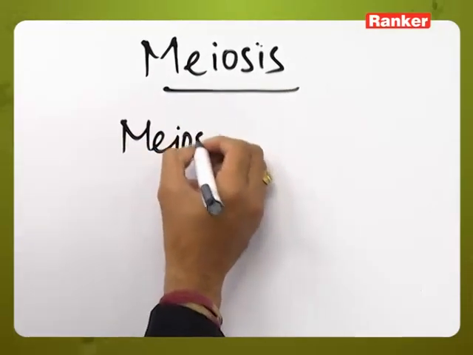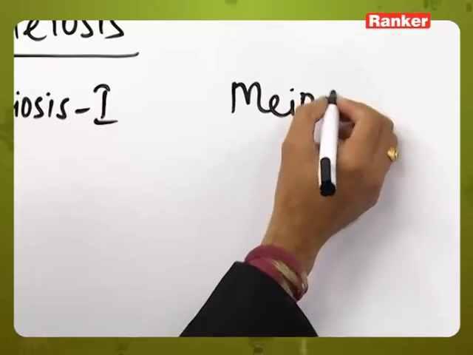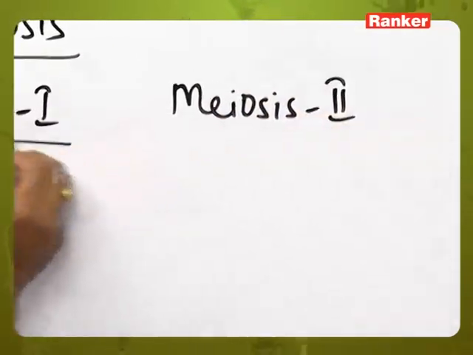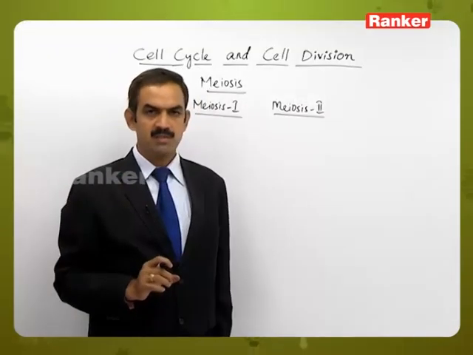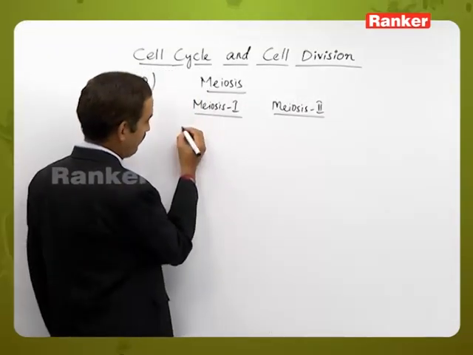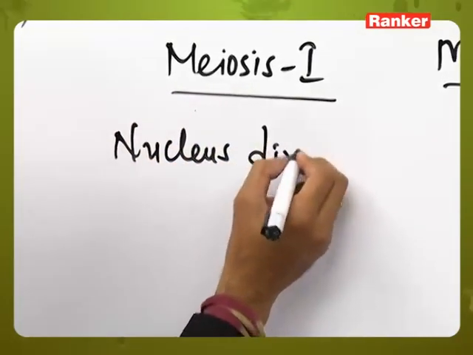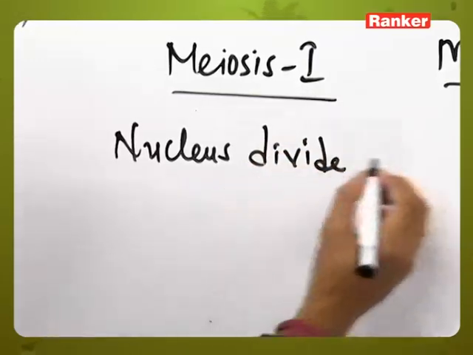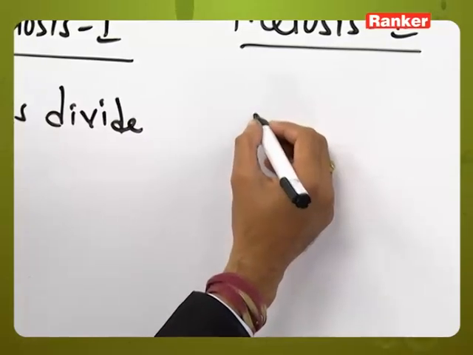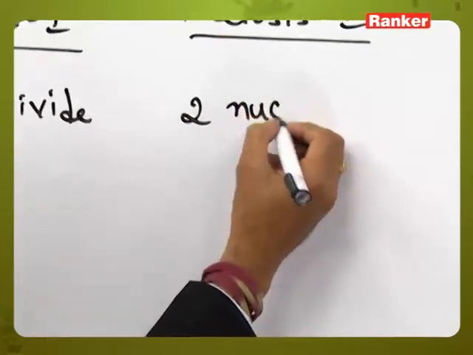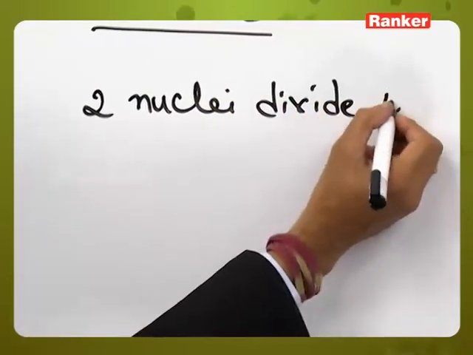One is called meiosis 1 and the other is called meiosis 2. So in meiosis 1, first the nucleus will divide to form 2 daughter nuclei, and the 2 daughter nuclei will enter meiosis 2, and further be converted into 4 daughter nuclei.